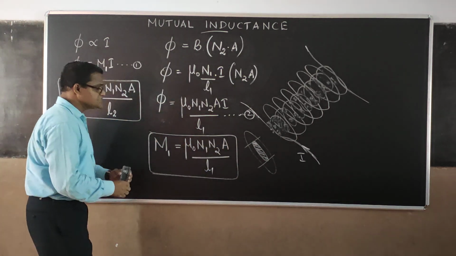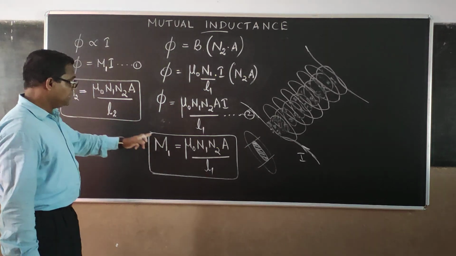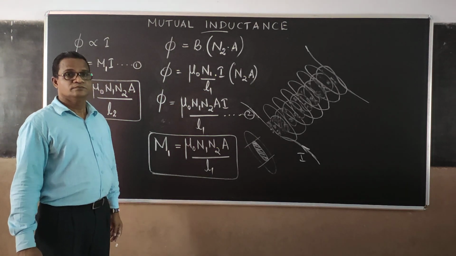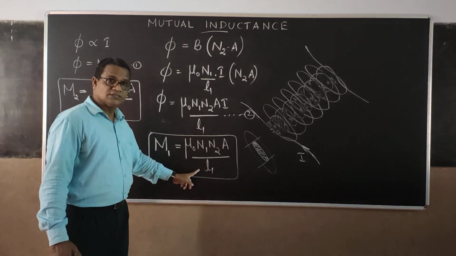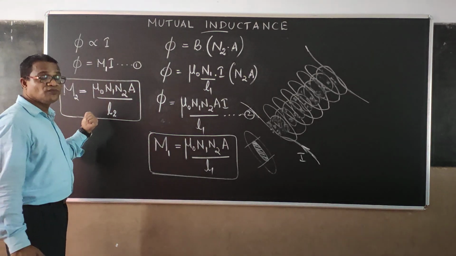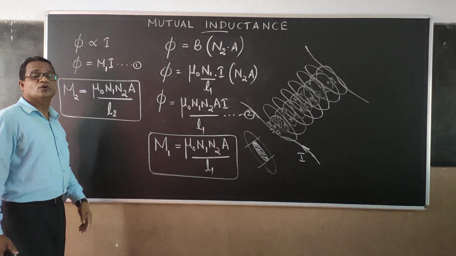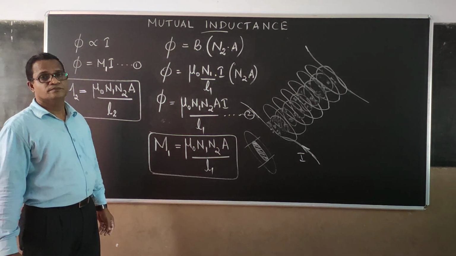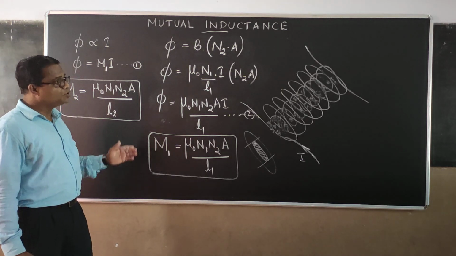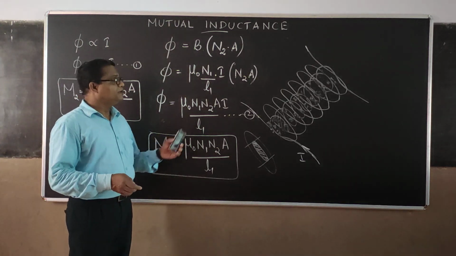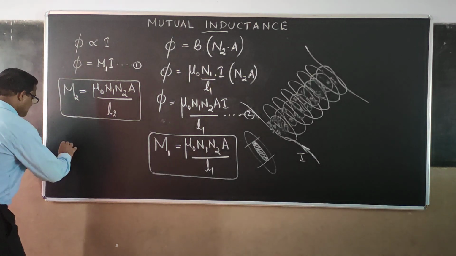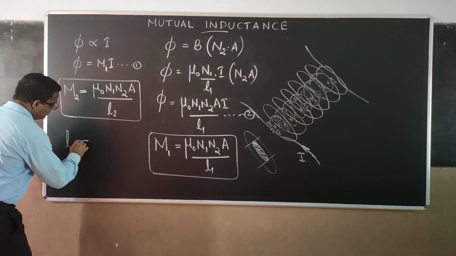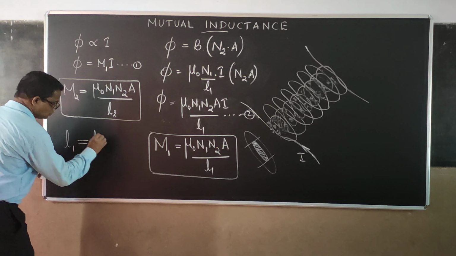So the only difference is that length. If the current is flowing through the inner coil, the length of the inner coil is coming here. If the current is flowing through the outer coil, the length of the outer coil is coming here. But when you construct a pair of coils like this for mutual induction, practically this L1 will be equal to L2.